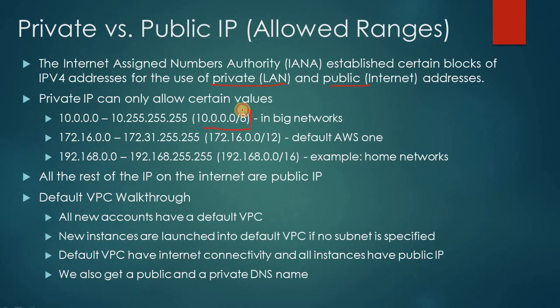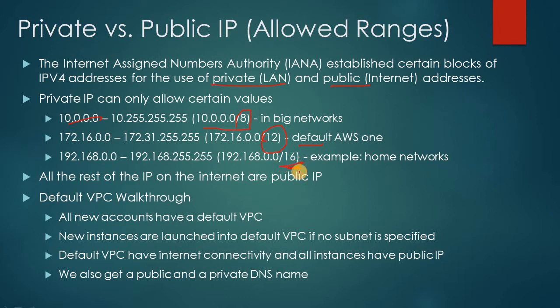Here the subnet mask is for a very huge network. 100,000 IP addresses will be generated here. You can see this is a range, and AWS's default subnet mask is 12. That is also a big network, and once we create a VPC, we will give the range.